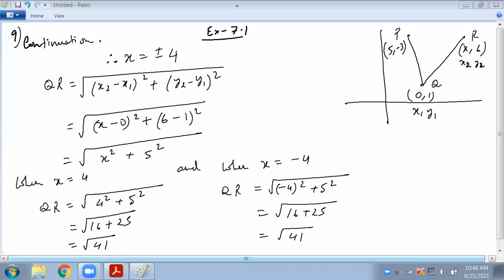Okay, I can see 6 hands. If you're done, you can raise a hand. Okay, so understood, it is done. Now we'll find PR.